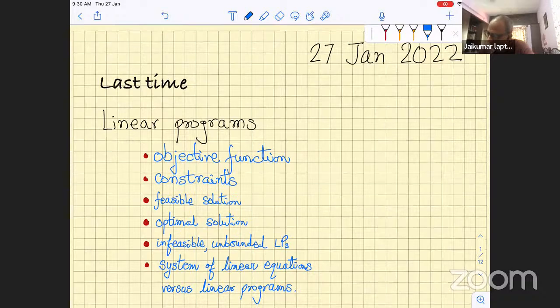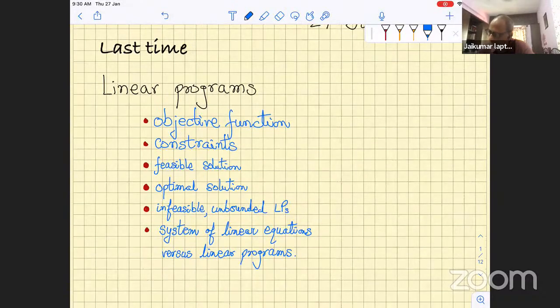So last time we were talking about linear programs, and I told you about objective functions, constraints, feasible solutions, optimal solution, infeasible and unbounded LPs.